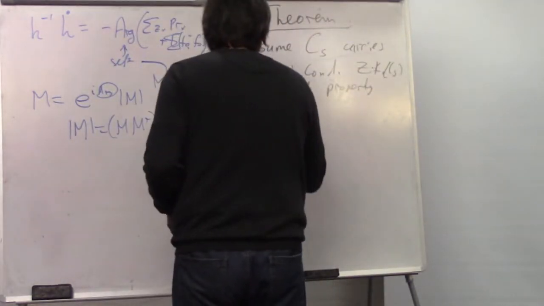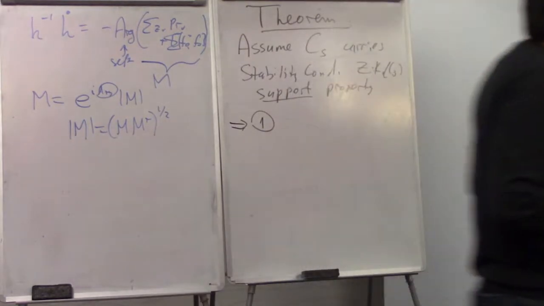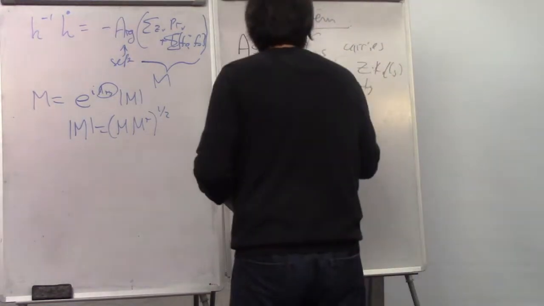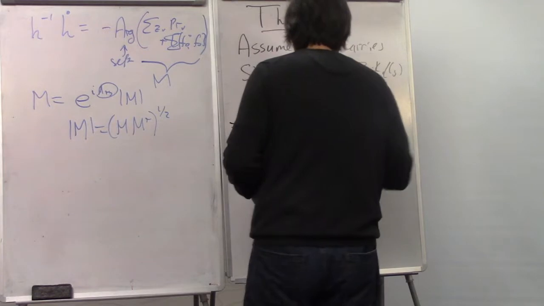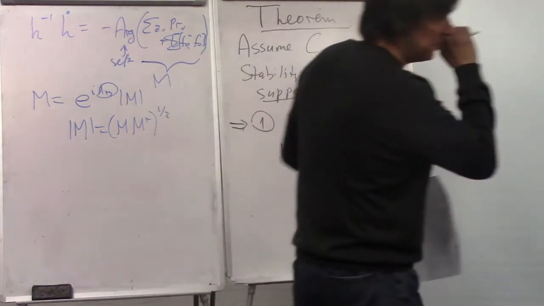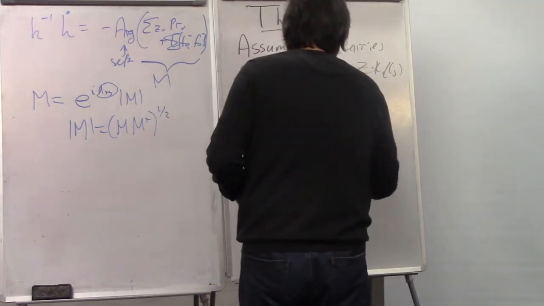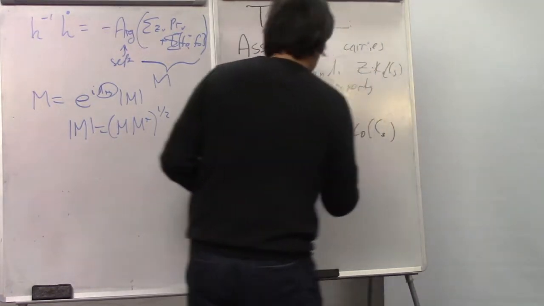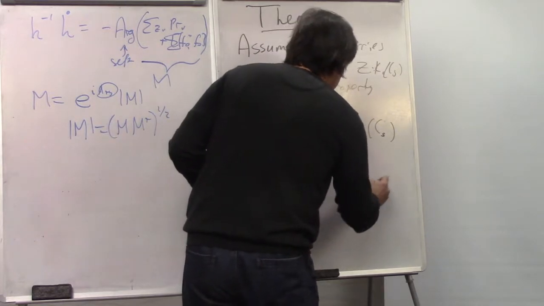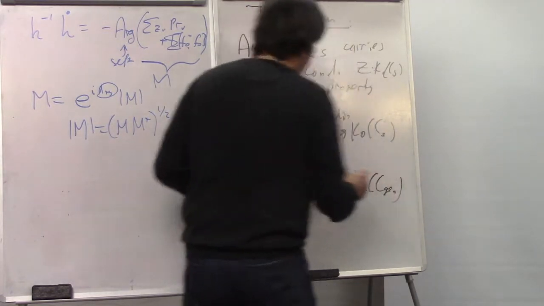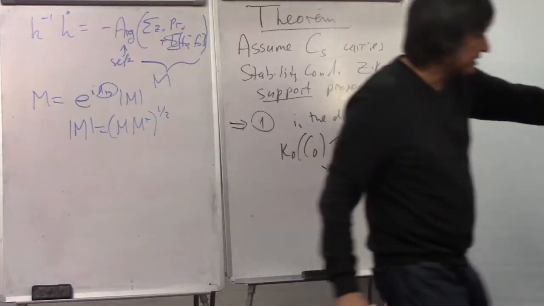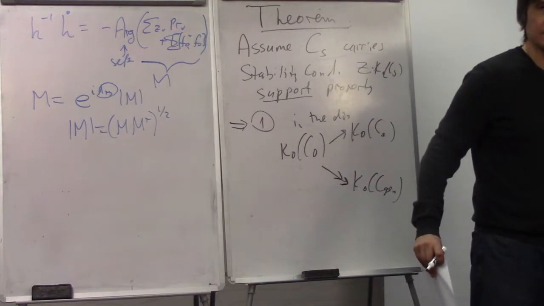Then there are two things. One thing is the following. We get this diagram: let's consider K0 of C0 mapping to K0 of CS, mapping to K0 of C generic. This map is epimorphic by definition because any object in C generic is represented by some object in C0.